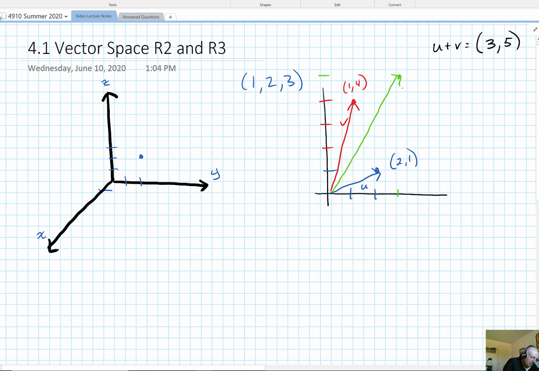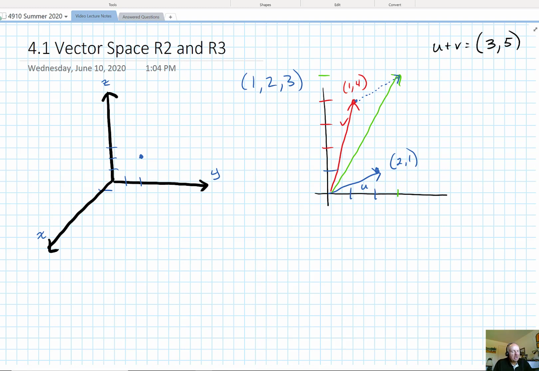Okay, so now there's a couple ways to visualize this, and I think it's helpful to realize this. If I were to take u and put another copy of it, but start here, go in the same direction and the same length, so that is just a copy of u. Look at that.